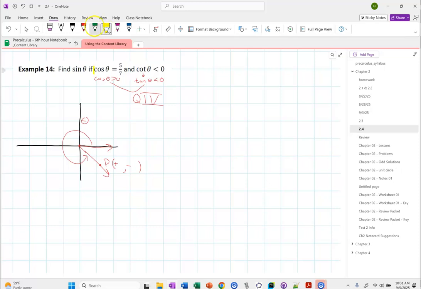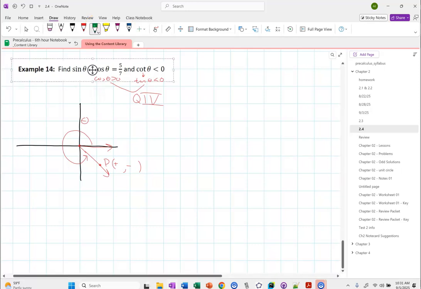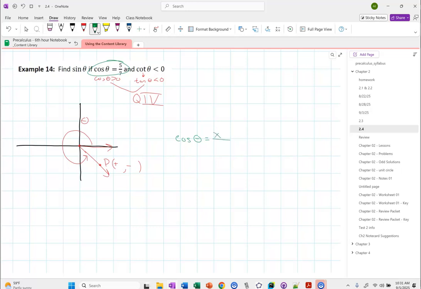Now I'm going to use this piece of information, because I remember that cosine is x over r. If cosine is 5 over 7, then x is 5 and r is 7, right? Everybody feel good there? Just got to find y now.